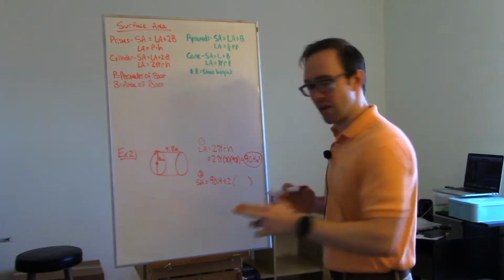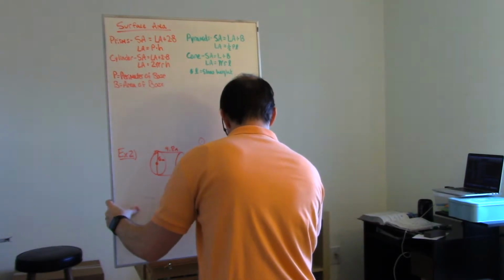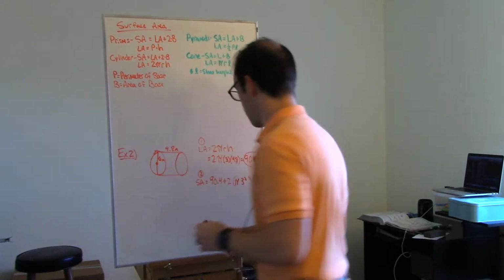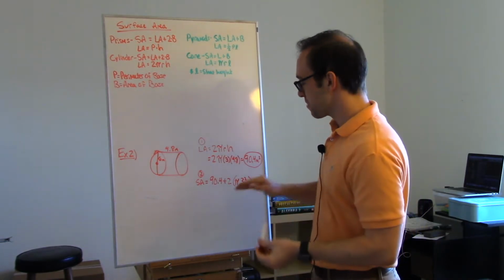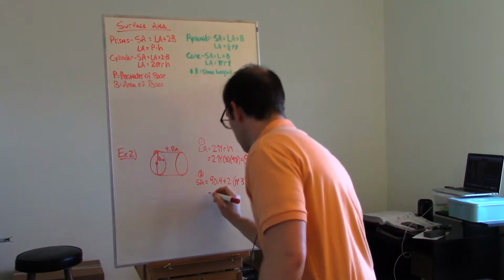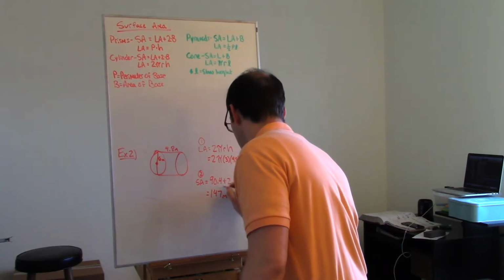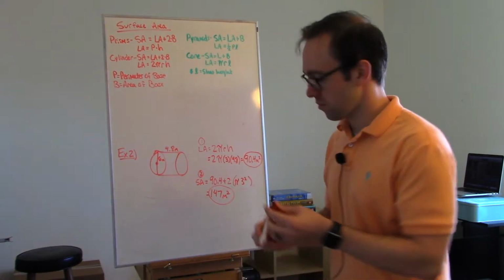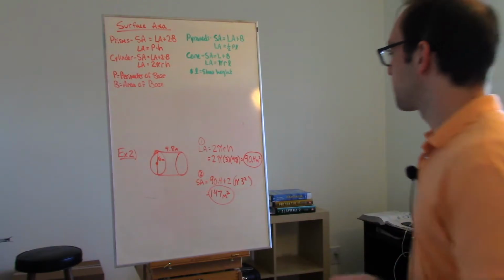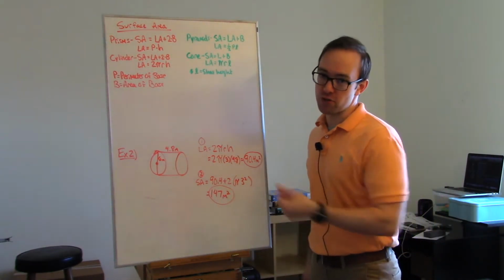So in here, the area of the circle is pi r squared, so in this case pi times 3 squared. So in this case, your surface area is 147 meters squared.